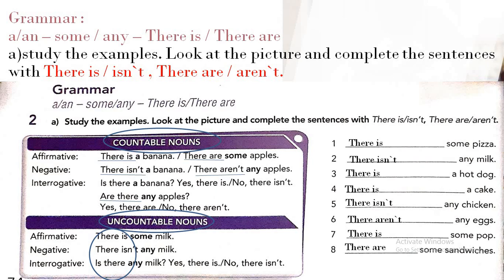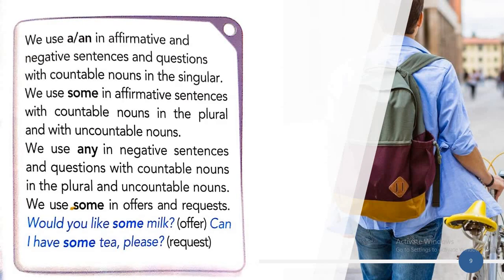And now, let's move to what? Good. To this chart in your pupil's book. So make sure you read carefully this chart. This is a summary of what we have studied about a, an, some, and any.